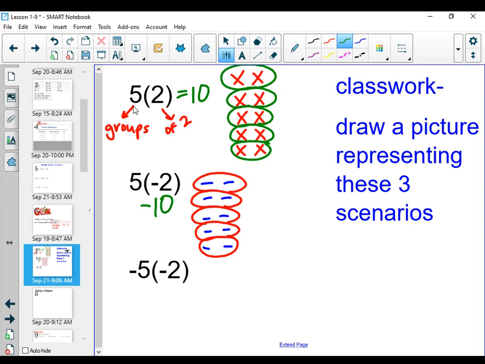The last one gets a little bit weird for a negative times a negative. If we ignore this for just a minute, it still means 5 groups of negative 2. Still negative 10. 5 groups of negative 2 is negative 10.